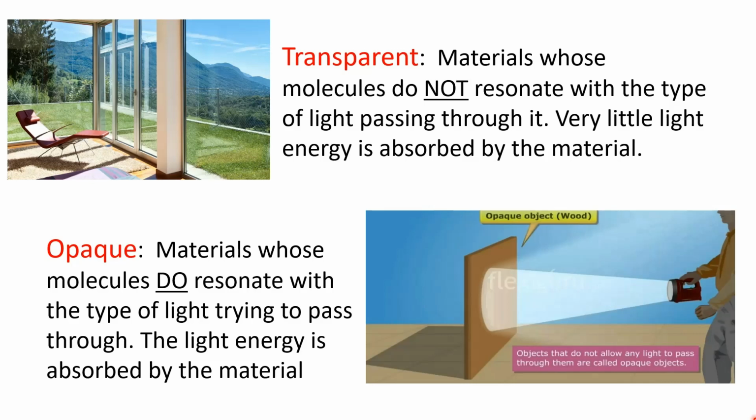I'll now define opaque as materials whose molecules do resonate with the type of light trying to pass through. The light energy is absorbed by the material. That's why if you try to shine a flashlight onto a piece of wood, nothing comes out the other side. All of that energy was absorbed by the molecules of the wood.